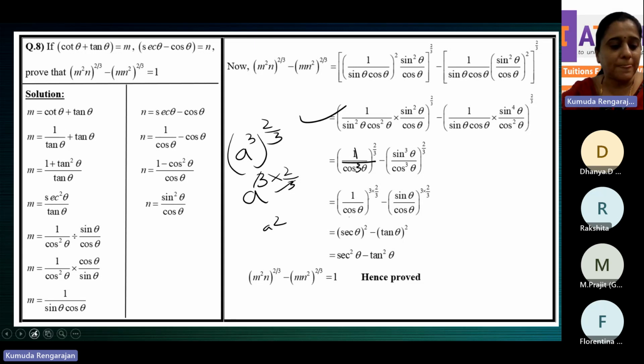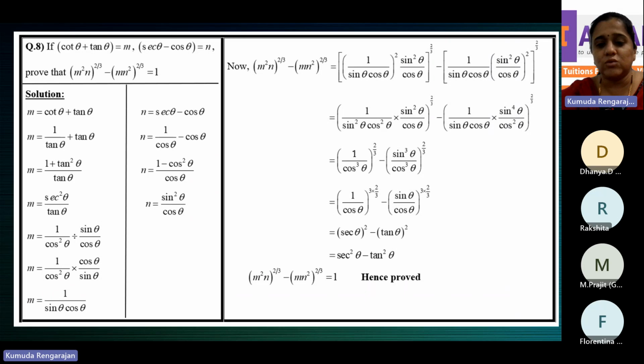Multiply the powers. 3 and 3 will get cancelled, and then you see a square here. So 1 by cos theta, secant theta, the whole square, which is secant square theta.